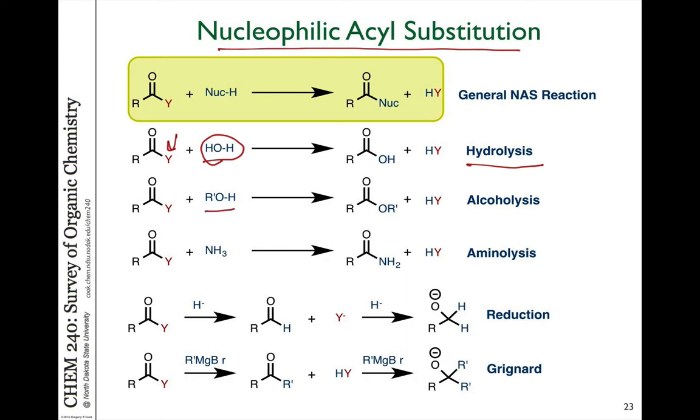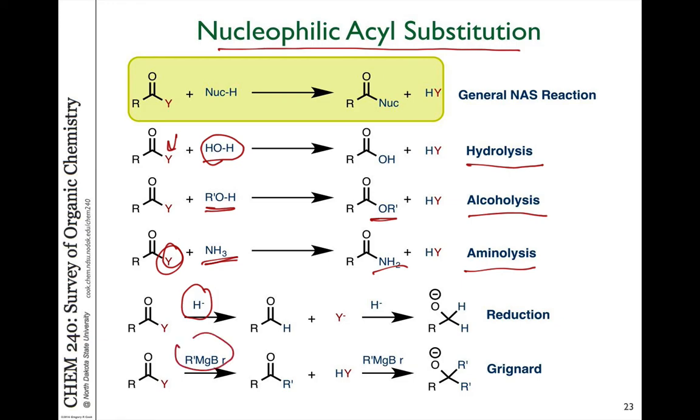If we add alcohols, we can take more reactive acid derivatives into esters. We refer to that as alcoholysis. We can make amides by reacting acid derivatives with amine compounds such as ammonia to make amides. We call that aminolysis. We could even add hydride reagents, which we talked about in the ketone and aldehydes chapter, or something like a Grignard reagent.